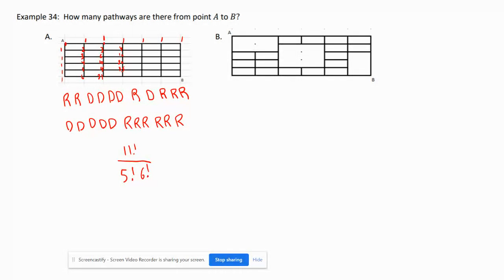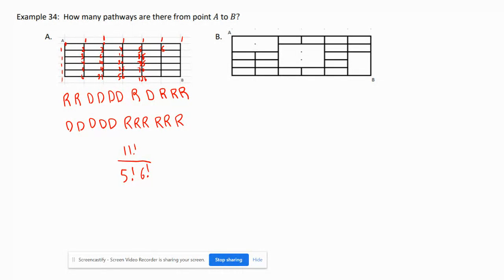15 is 35, 56. 1 plus 4 is 5, 21, 5 plus 10 is 15, 15 plus 20 is 35, 35 and 35 is 70, 126.